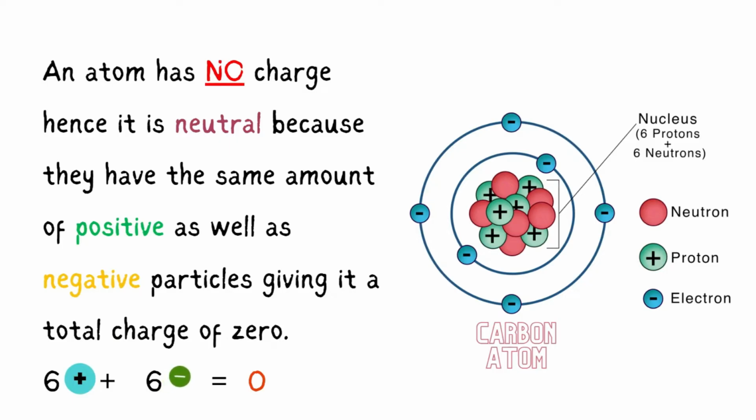An atom has no charge, hence it is neutral, because it has the same amount of positive as well as negative particles, giving it a total charge of 0. For instance, the carbon atom has 6 protons, 6 positive particles, and 6 electrons, 6 negative particles, which pans out to 0.